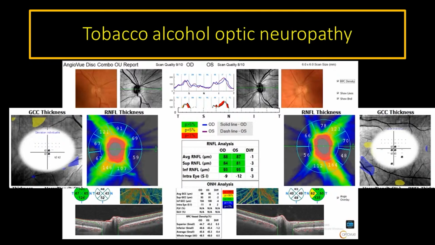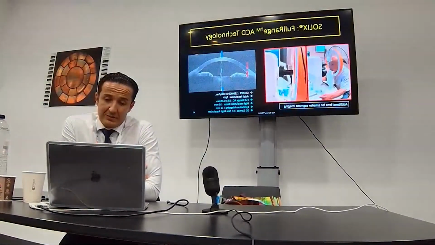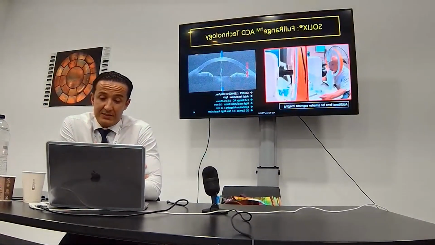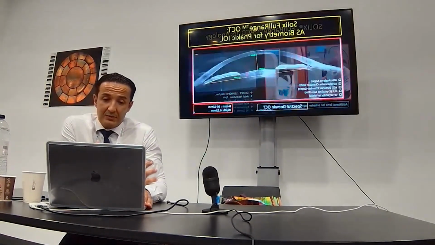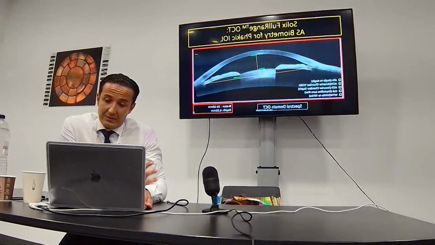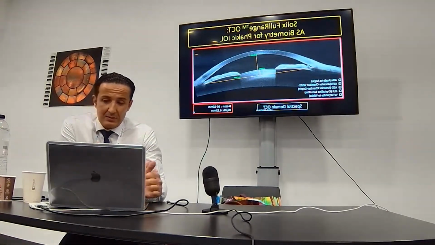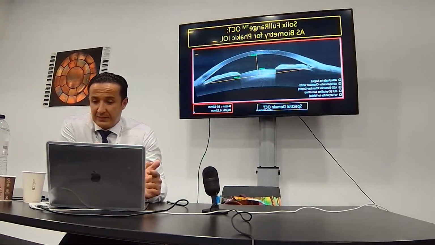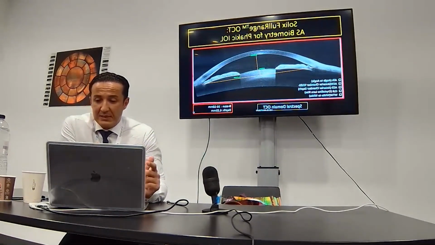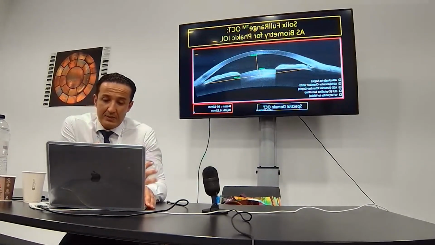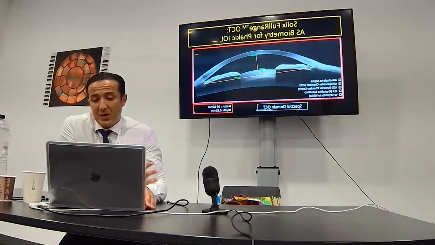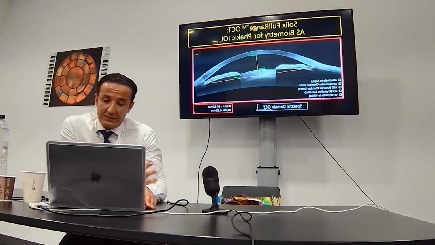So we can use the full range technology for the anterior segment, and the depth increase, allowing the visualization of the whole anterior segment to make a very easy biometry with angle to angle, anterior chamber depth, crystalline lens rise, and white to white with a very wide scan of 18 millimeters with 6 millimeters depth.